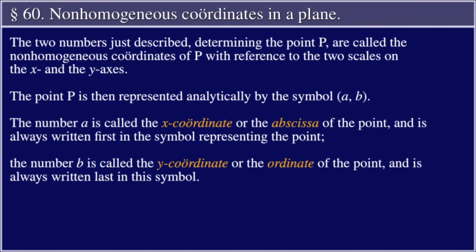The point P is then represented analytically by the symbol (A, B). The number A is called the x-coordinate or the abscissa of the point, and is always written first in the symbol representing the point. The number B is called the y-coordinate or the ordinate of the point, and is always written last in this symbol.